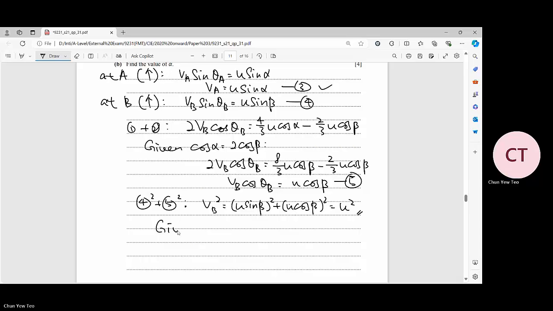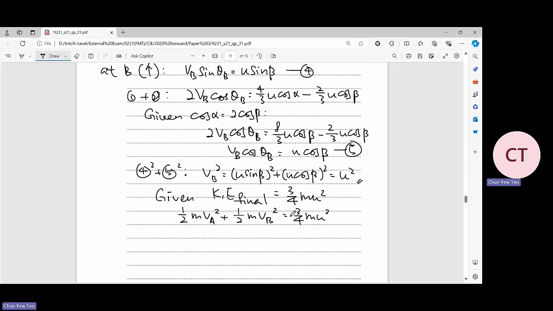So given the KE final is equal to 3/4 mu squared, it will be half m VA squared plus half m VB squared is equal to 3/4 mu squared. Just replace the values inside, you get half m U sine alpha squared plus half m U squared equal to 3/4 mu squared.